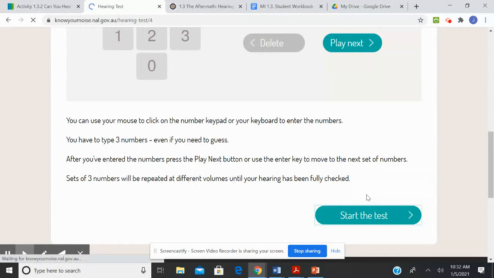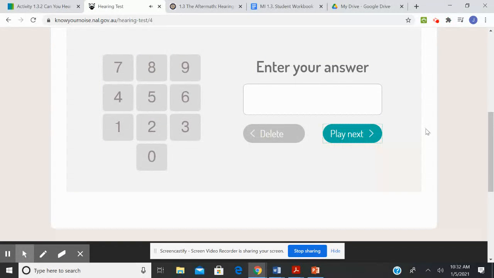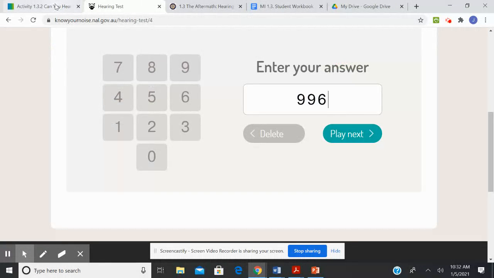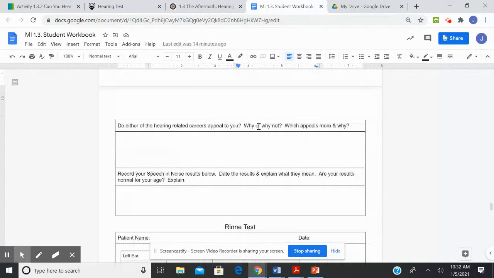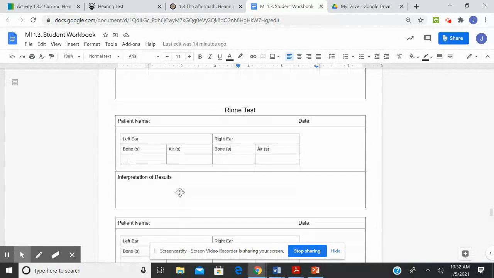So click on start the test. So I heard 8, 9, 3. I got 9, 9, 6, I think. So anyway, you'll go through and do that, and then you'll give a little bit of feedback on that, recording your results. And it'll tell you if that's normal for your age. So that's a test that you can do at home.